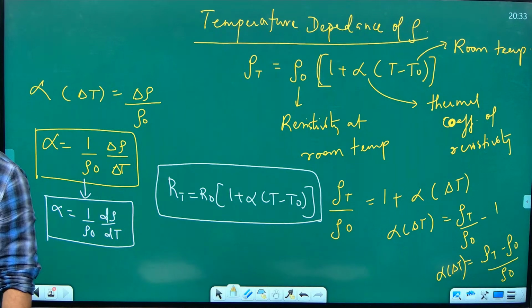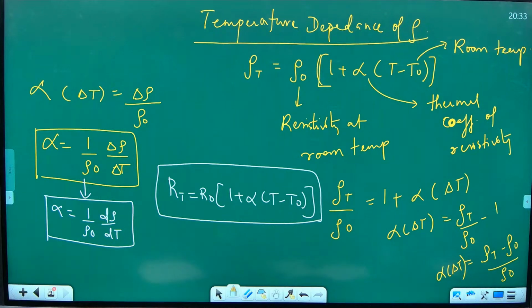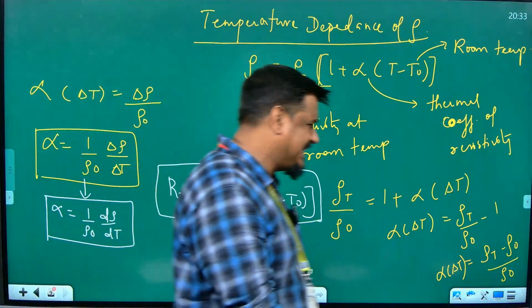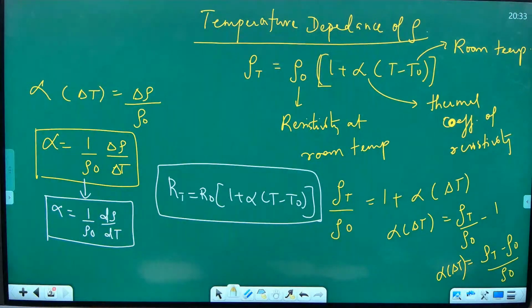Shall I proceed? Have you copied? Too much theory, teaching became a little boring. Shall we go to some numericals? Shall we start some numericals?